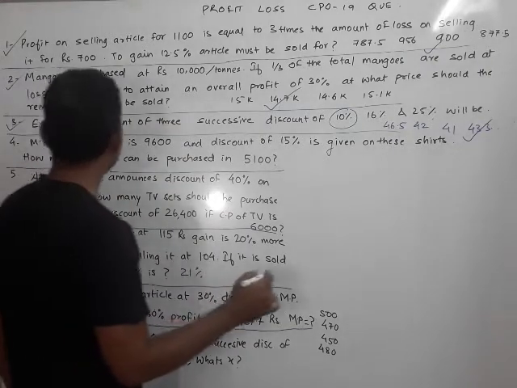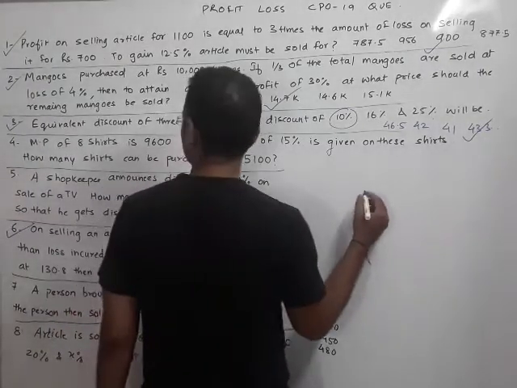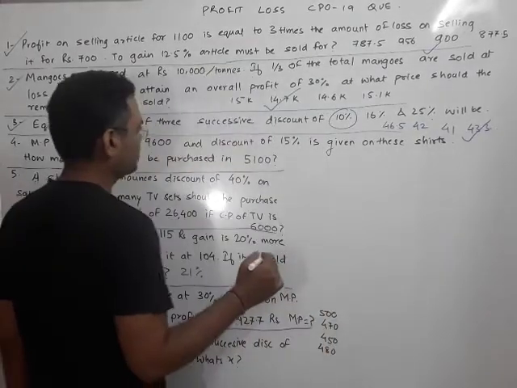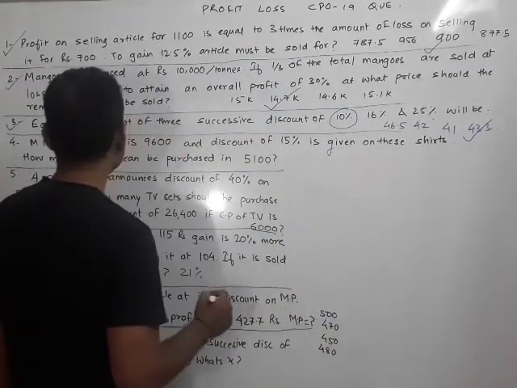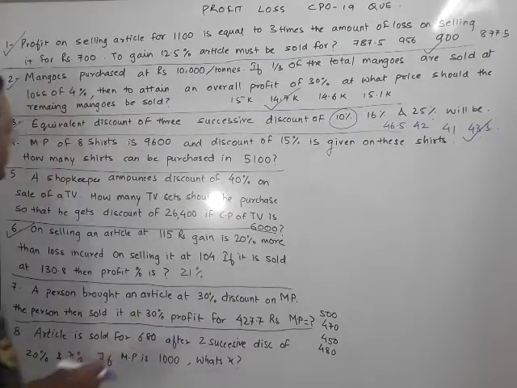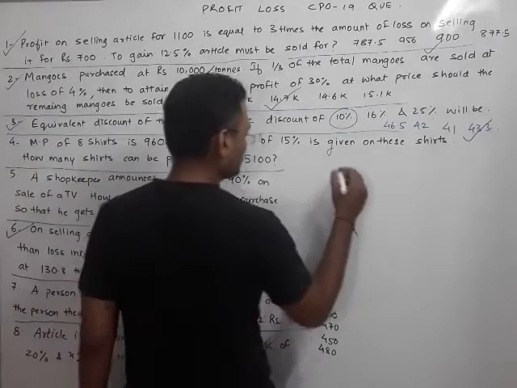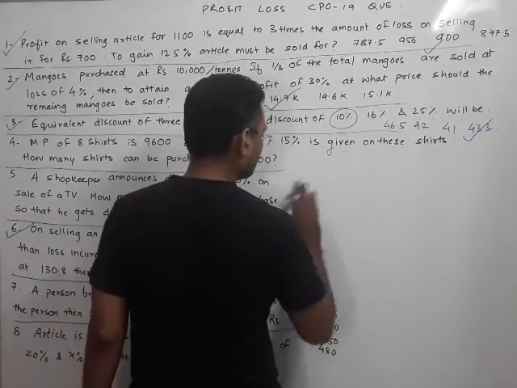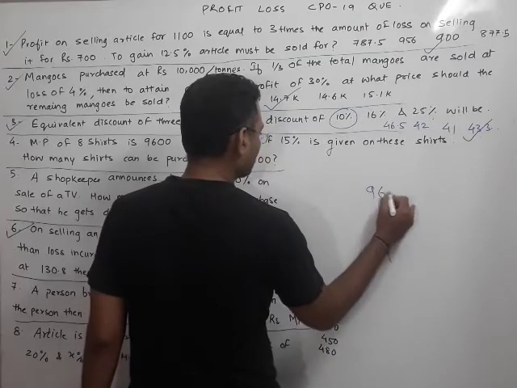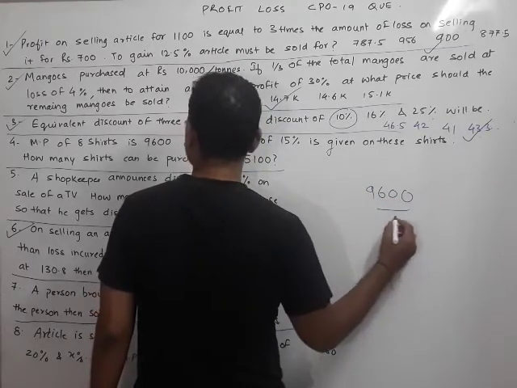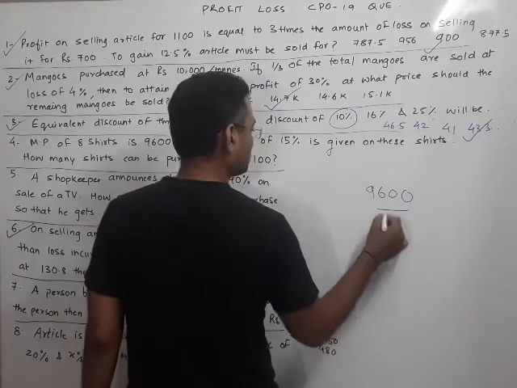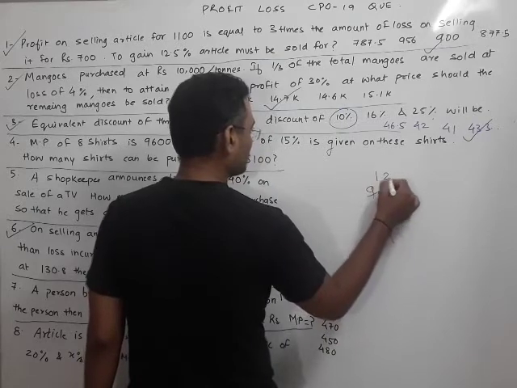mark price of 8 shirts is, it's a very simple sum. I think 8 shirts is 9,600. Mark price of 8 shirts is 9,600 and a discount of 15% is given on these. How many shirts can be purchased? This was asked many times, but it's very simple. 9,600 for 8 shirts, means it is 1,200.